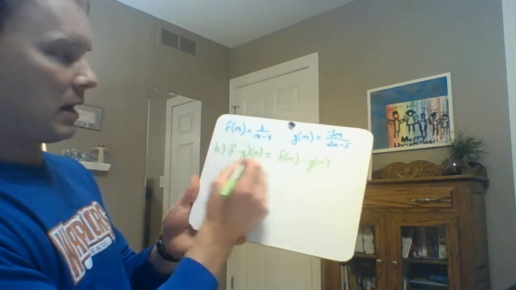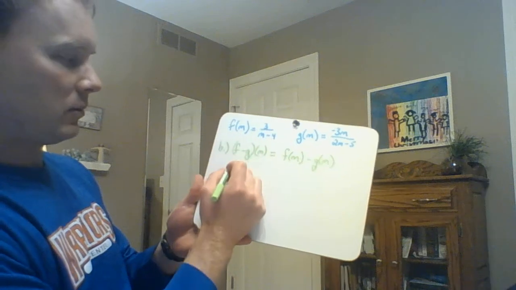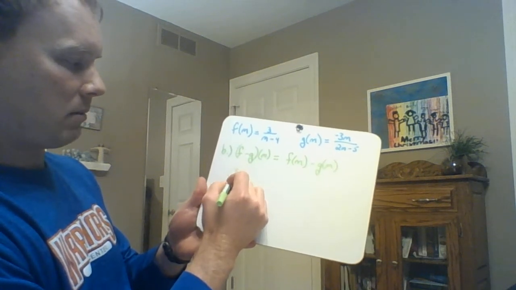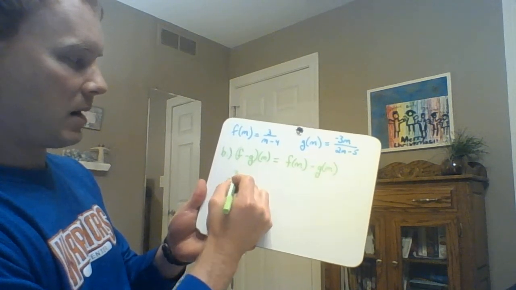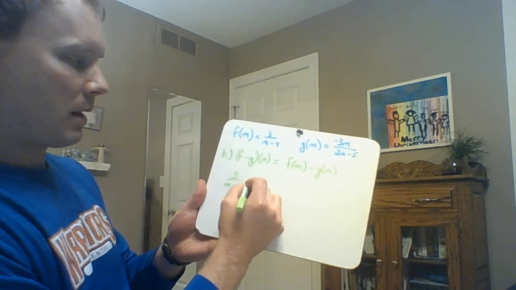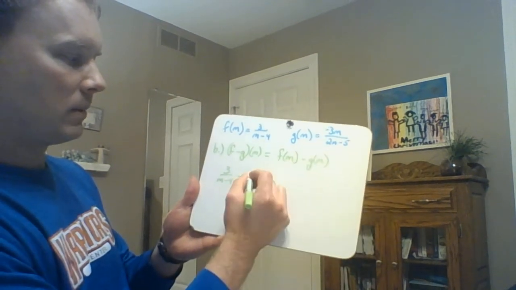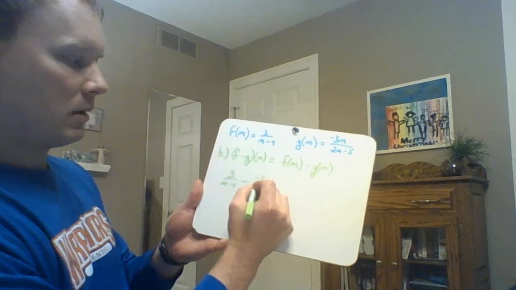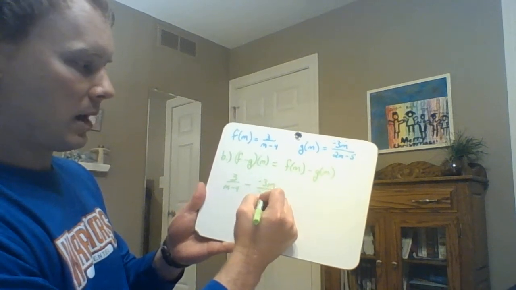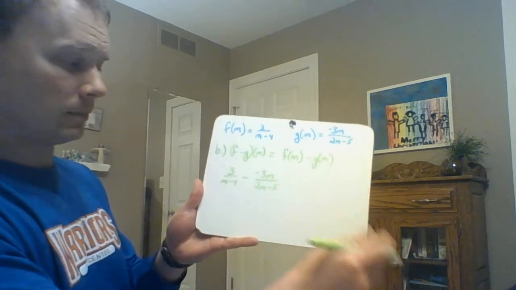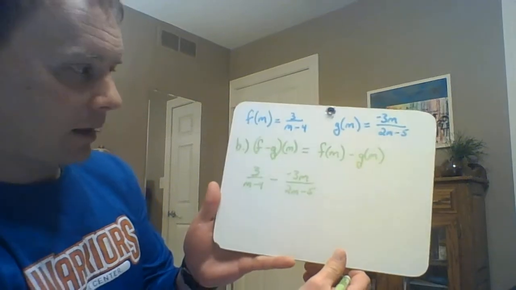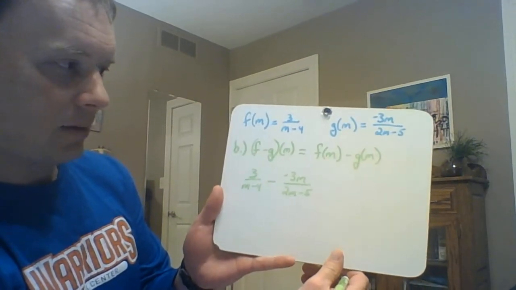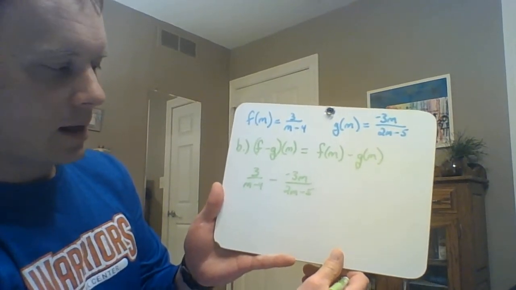So we're going to take the f of m function, which is 3 divided by m minus 4, minus the g of m function, negative 3m divided by 2m minus 5. Okay? And that's pretty much the main part.